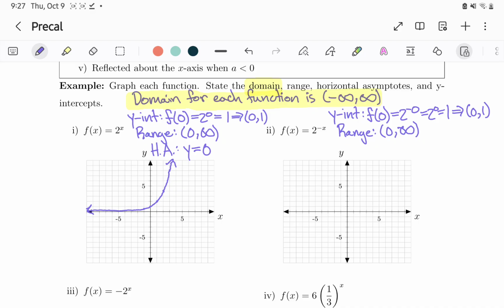And once again, our horizontal asymptote is going to be at y equals 0. Again, there's no vertical shift or translation going on here. So it's going to have the same horizontal asymptote that all exponential functions have as long as they don't have a vertical shift, which is y equals 0.